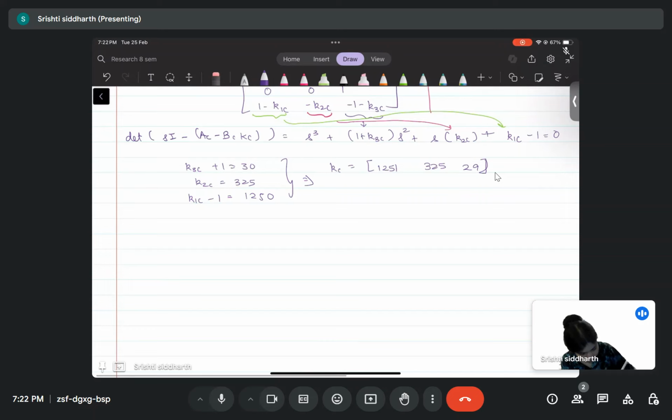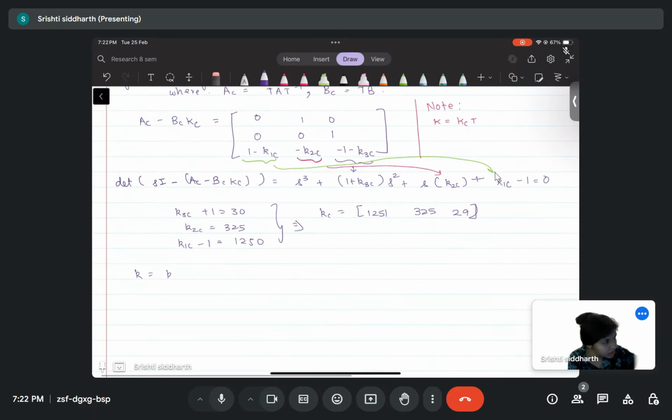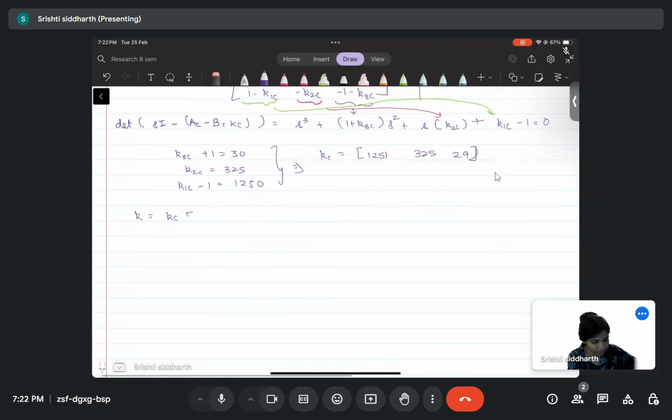Now you can find the gain matrix K. So this is simply Kc times T. Substitute the values of Kc and T and find out that this is minus 1251.7.